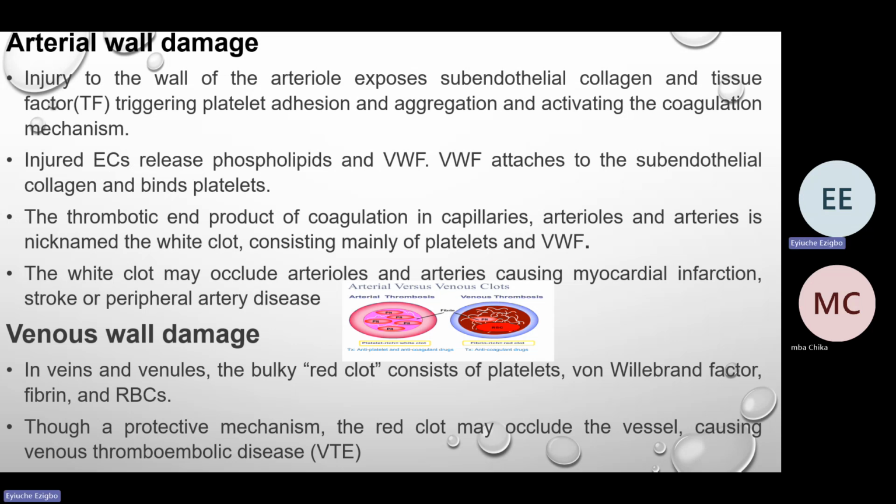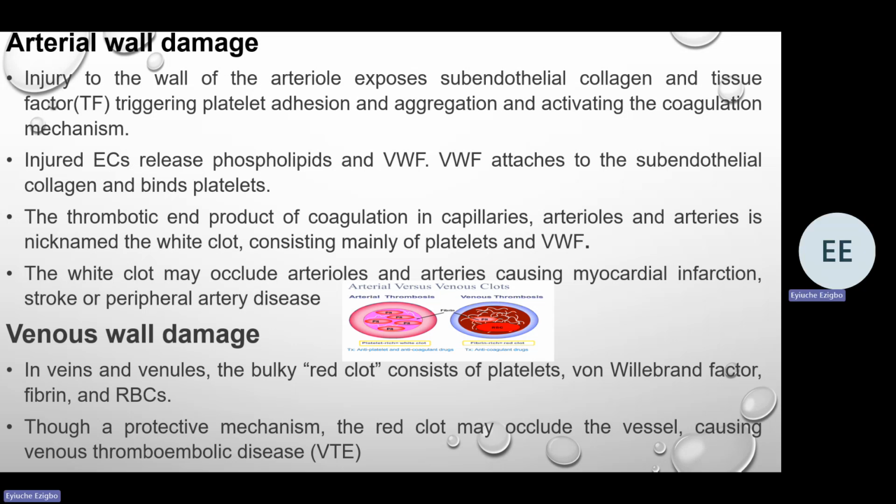In the case of damage to the venous wall, the bulky red clot consists of platelets and von Willebrand factor, fibrin, and red blood cells. Although this is a protective mechanism, the red clot may occlude vessels, causing venous thromboembolic disease. That's the VTE we all know about.